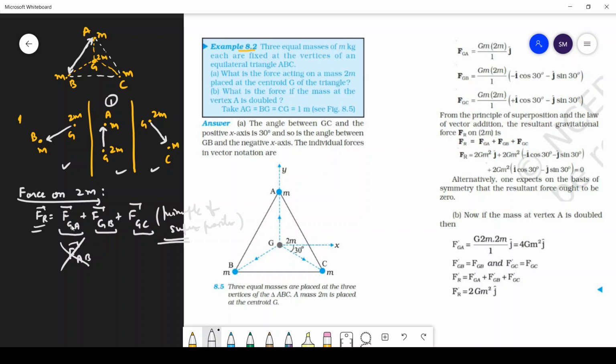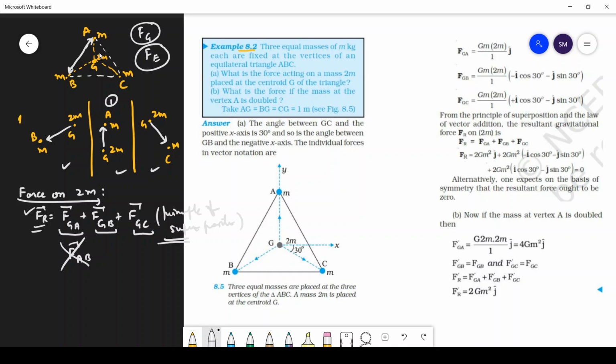So always take, in this case, gravitational force, which is a field force. Then we will study electrostatic force in 12th class. The same superposition will be used over there. Instead of masses, there will be charges. So that's the principle of superposition: when we are finding the force on one mass, we simply add forces one by one.